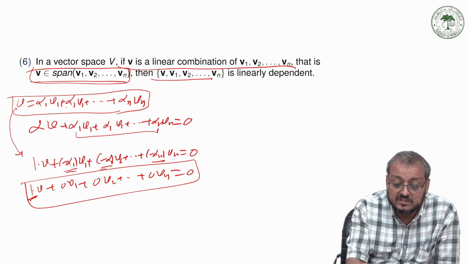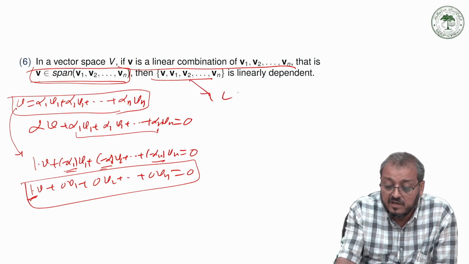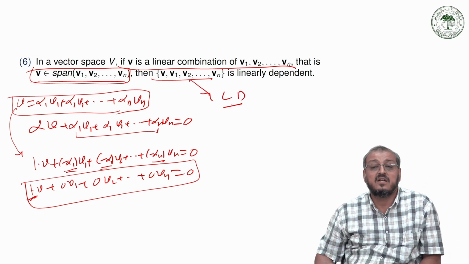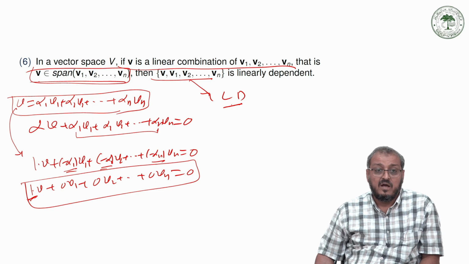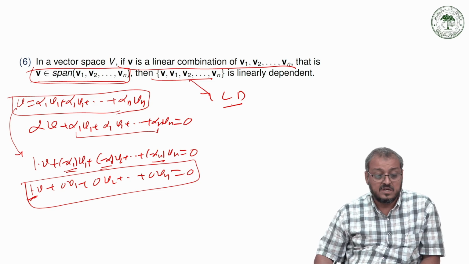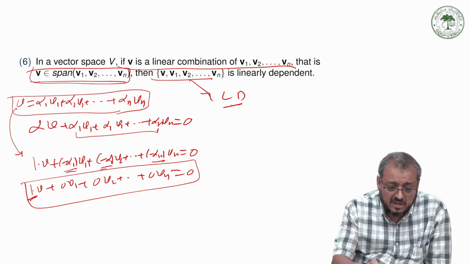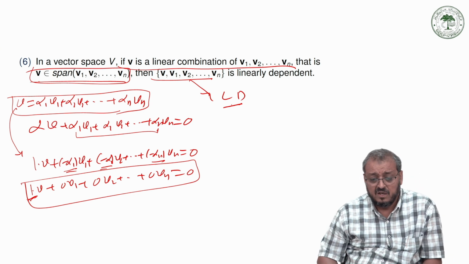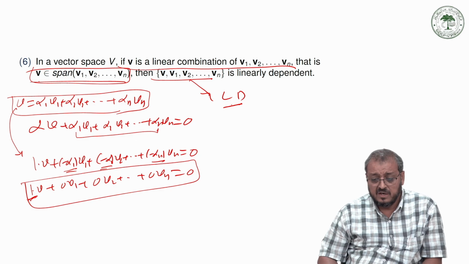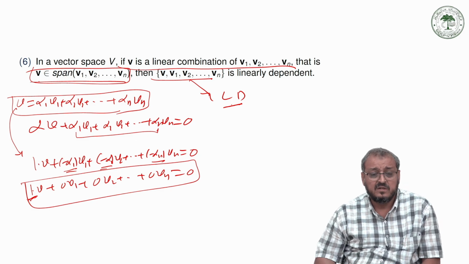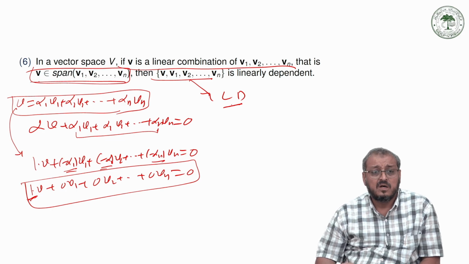Because of that, we can say that these vectors are linearly dependent, not linearly independent. This is the way we complete this proof.